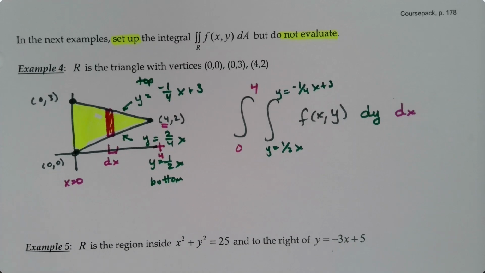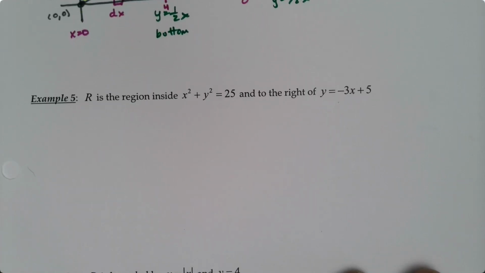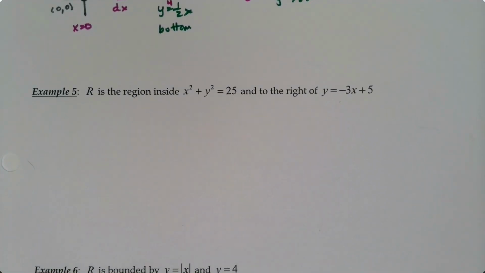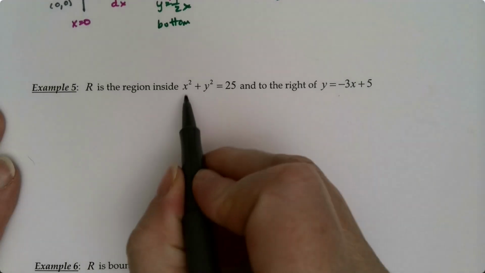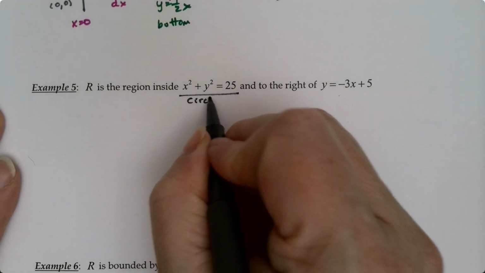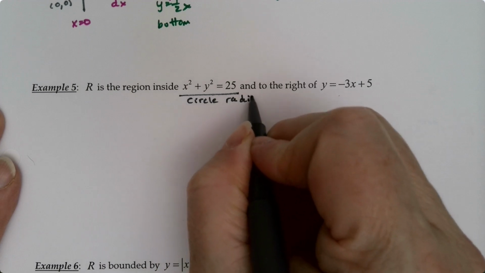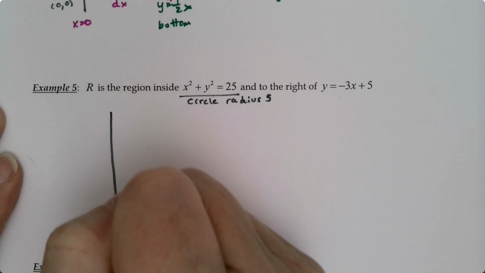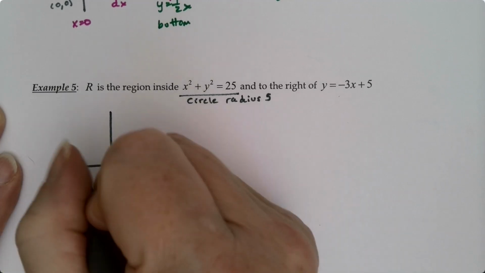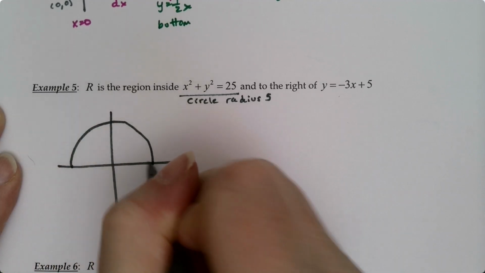All right, let's do it again. So now we're going to find the region inside x squared plus y squared equals 25 and to the right of y equals negative 3x plus 5. Okay, this is a circle of radius 5. So we're going to draw a circle as best we can of radius 5.